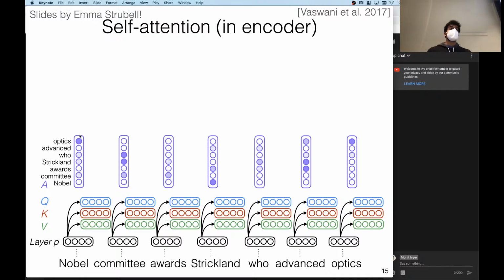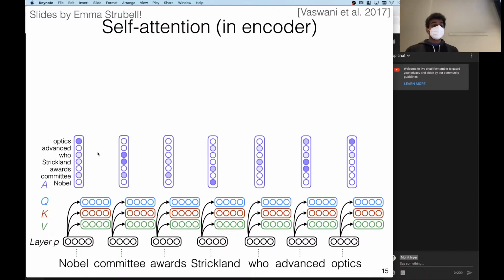This is after applying the softmax, so we get a distribution over all of the words in the sequence, right? And similarly, we get one of these for every single position in the sequence. So this distribution is a result of taking the dot product between the query vector at this position and all the key vectors, then applying the softmax, and then you get this distribution, right?